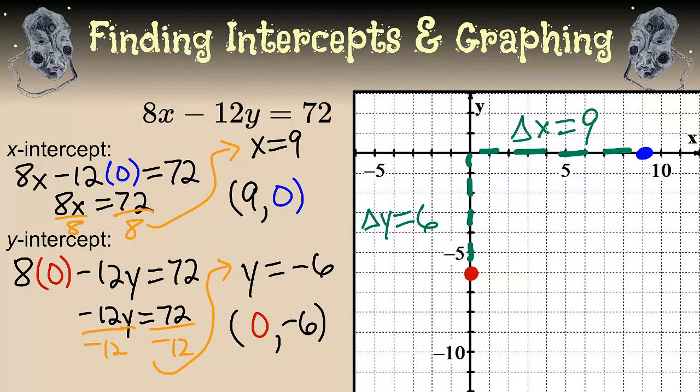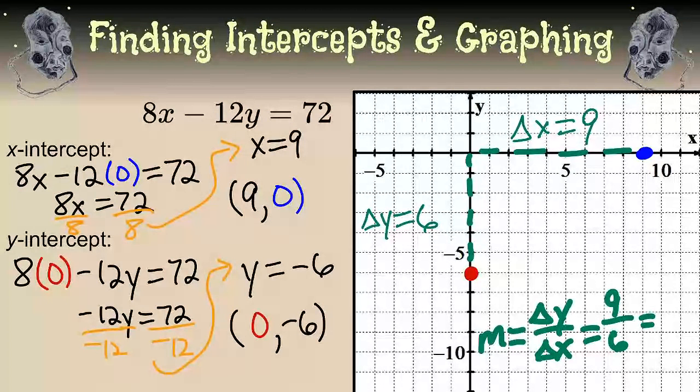So that means my slope, which is always delta y over delta x, is 9 over 6, which is the same as, because 9 and 6 are both divisible by 3, 9 divided by 3 is 3, 6 divided by 3 is 2. 3 halves, which means go up 3 to the right 2. Oh, wait, did I? Oh, I did that backwards. Someone should have stopped me. Look, my delta x is 9, not my delta y. That was not going to end up correct.